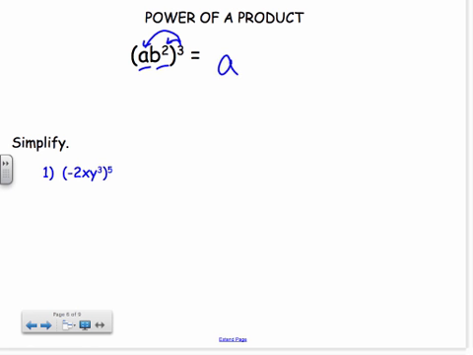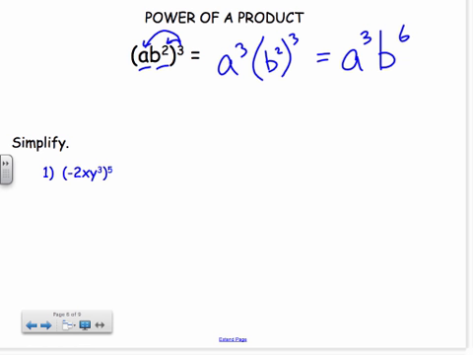So I'm going to take a to the 3rd, and I'll also take b to the 2nd to the 3rd power. And if you remember, that was just what we covered, a power to a power, that's b to the 2nd to the 3rd, so we end up multiplying those two. So I still have a to the 3rd, but then it'll be b to the 6th, right? 2 times 3 gives us 6. So essentially I'm just distributing that power.